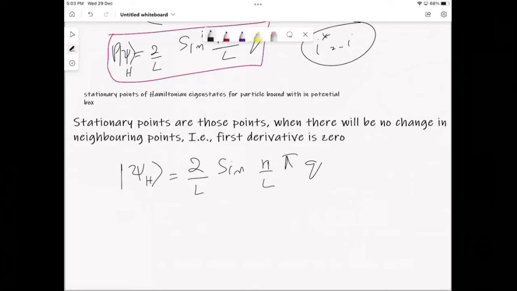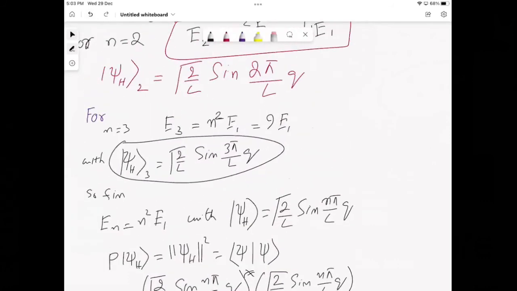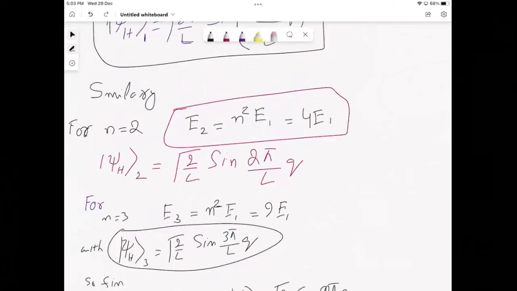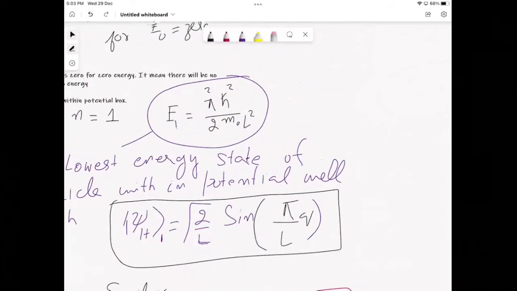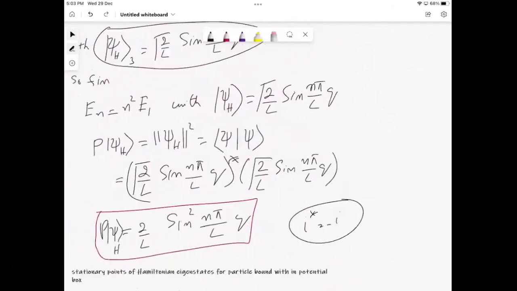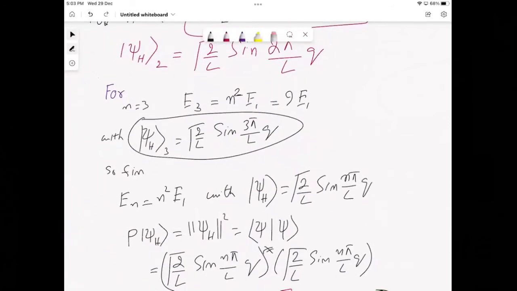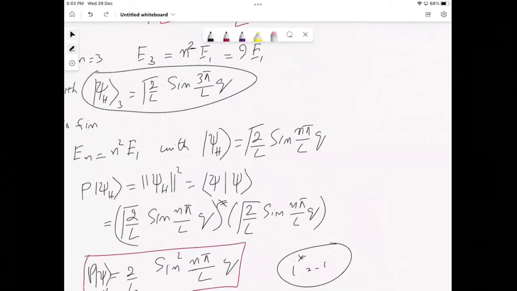That was the expression. Where is this expression? Yes, this was the expression for Hamiltonian eigenstate, for the particle bound within the potential box. Okay, potential well. This is the expression.